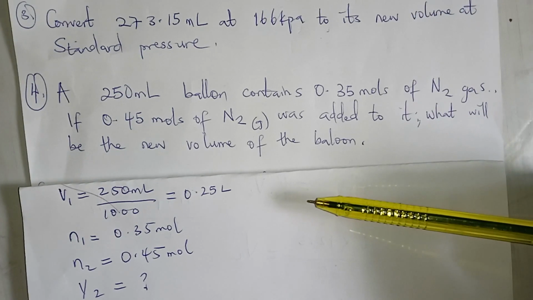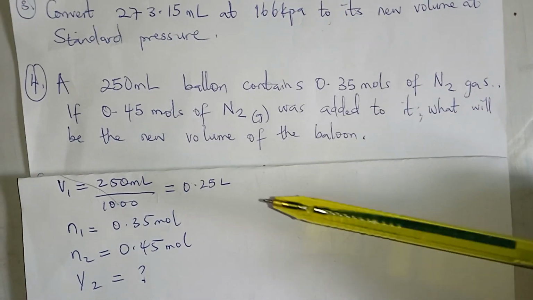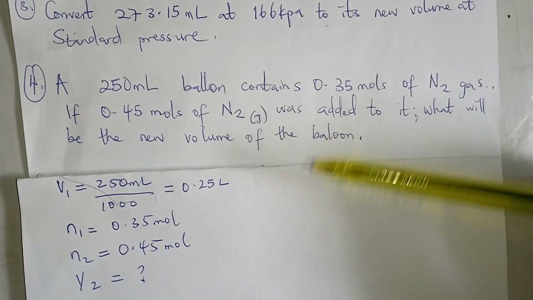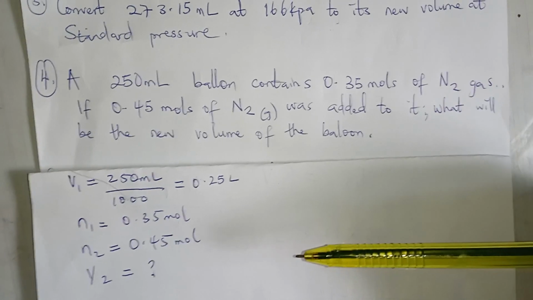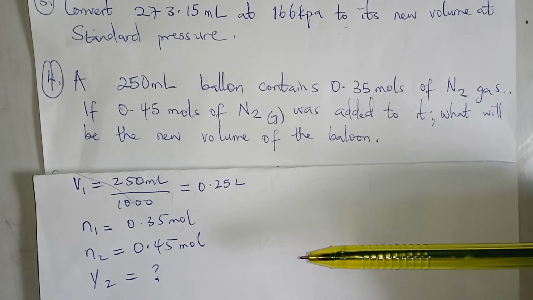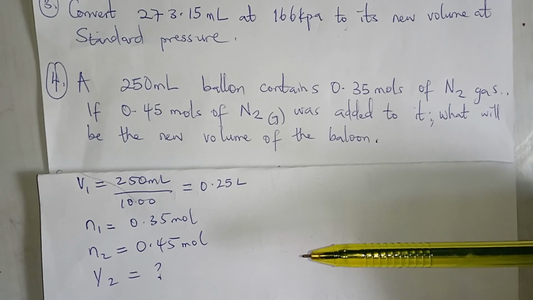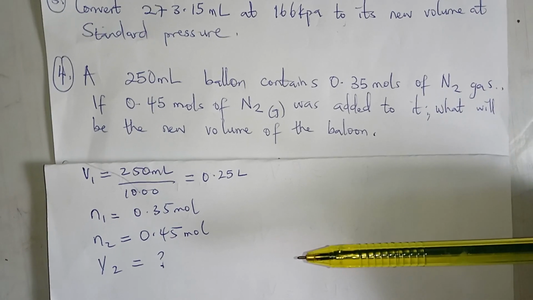Here we are not dealing with volume, they are giving us moles. That is our first mole, 0.35. Then 0.45 moles of N2, the second amount of nitrogen gas, was added to it. What will be the new volume of the balloon?